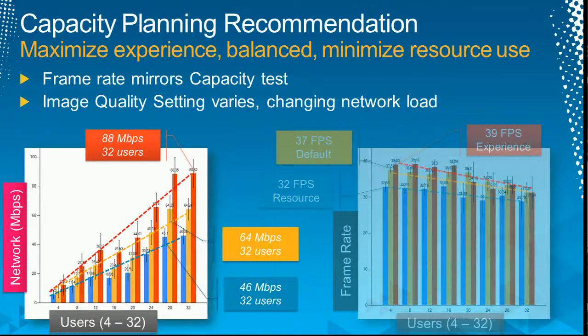Now, if I set to the best user experience, meaning high capture and the best image quality, I'm getting a 38% difference between the red and the orange. The red is the highest user experience, the orange is the default, and there's a 38% difference in the network consumption. If I compare the highest to the lowest, there's actually a 91% difference.